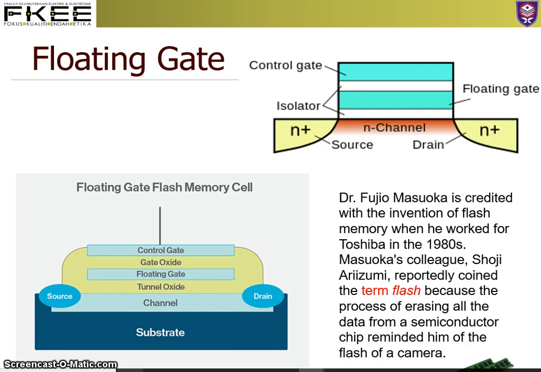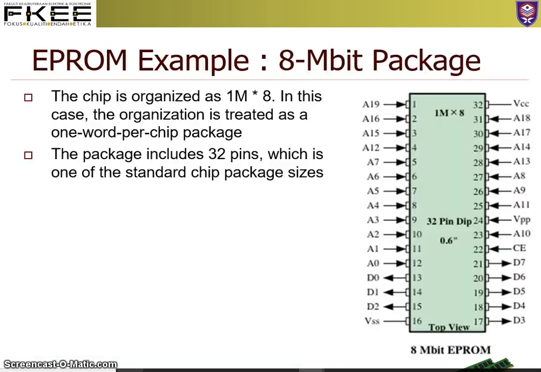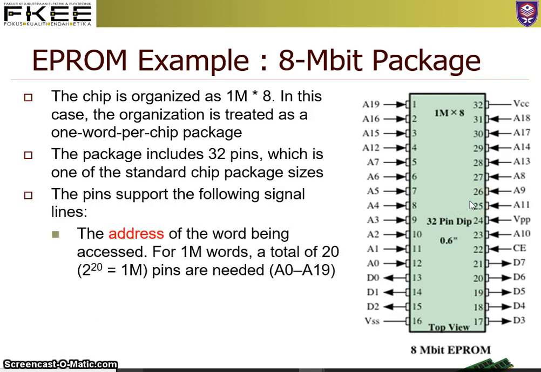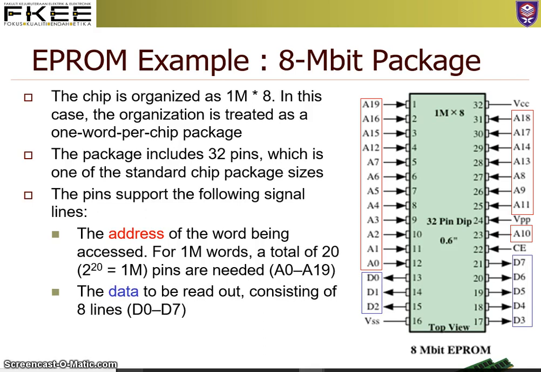And another programmable ROM is flash ROM. Before that, this is an example of an 8 megabit EEPROM. We have several pins. We have the address pin, and also the data pin.